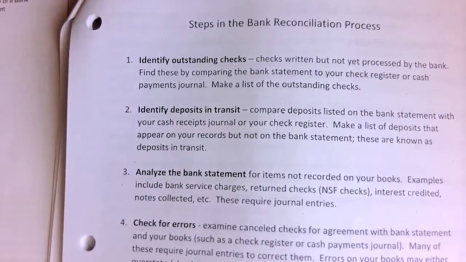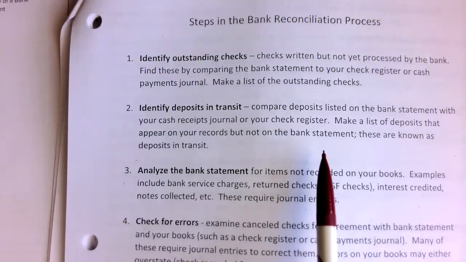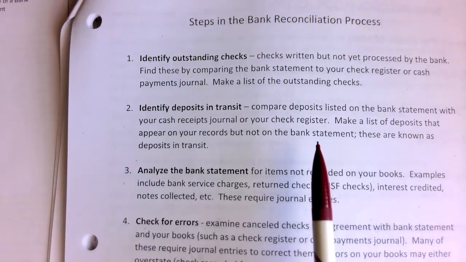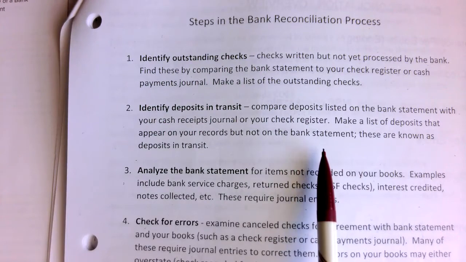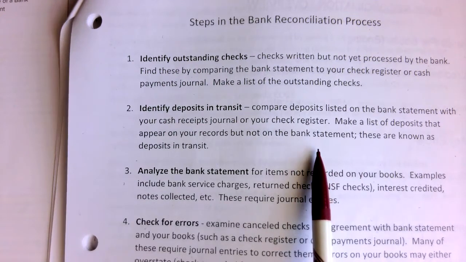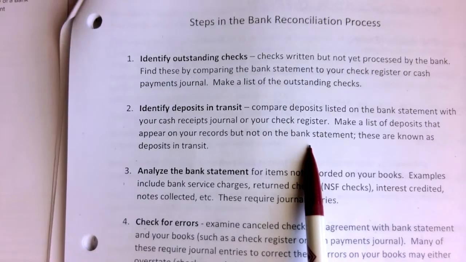Similar thing on the so-called deposits in transit or outstanding deposits. If you go into the bank, you might notice there's a little sign on the desk that says deposits made after, say, 4:30 will be posted the next banking day. Well, if you went on September 30th at 4:45 and deposited $100, that's going to be on our books.